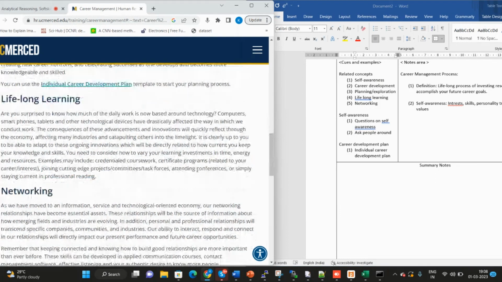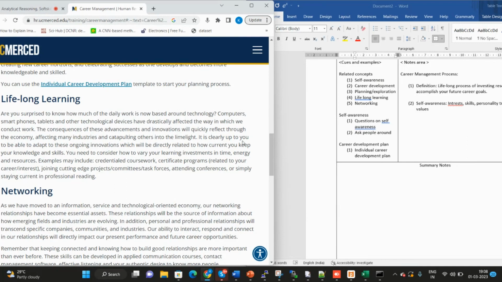Okay, so the next thing is lifelong learning. Lifelong learning ல என்ன சொல்றாங்க? Are you surprised to know how much of the daily work now is based around technology? Computers, smartphone, tablets, and other technological devices have drastically affected the way in which we conduct work. The consequences of these advancements and innovations will quickly reflect through the economy, affecting many industries and catapulting others into the limelight.